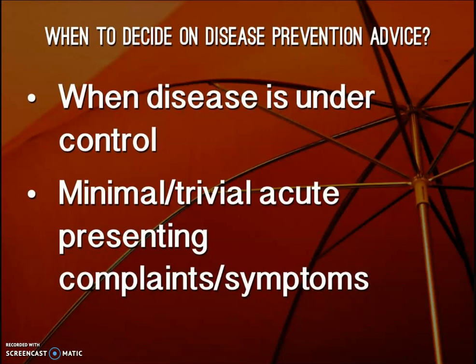And then if you remember, I'm using the approach of ABCD in this approach to chronic disease. So A, management of acute symptom, if there is any. B, behavior modification. C, management of the chronic disease. And D, disease prevention. So in this case, the patient has no acute symptom.